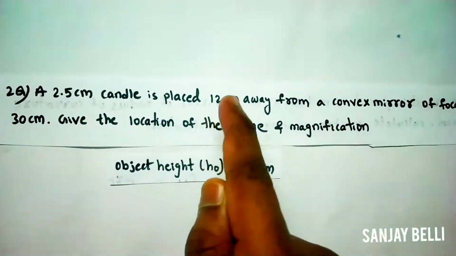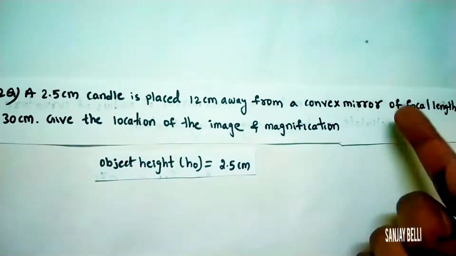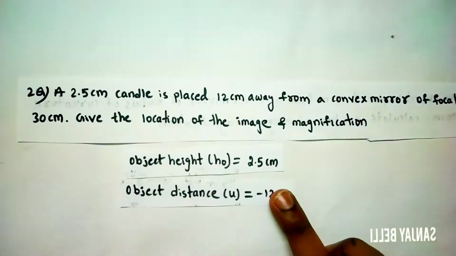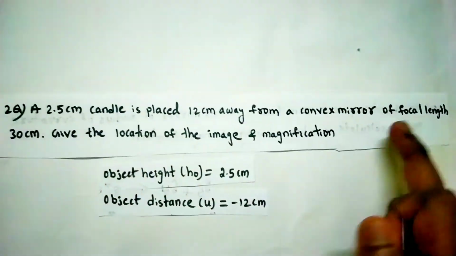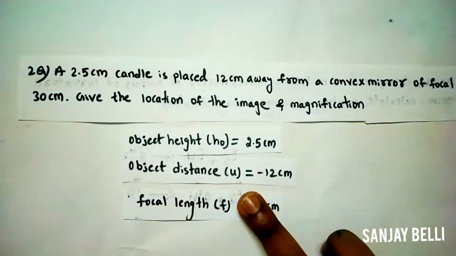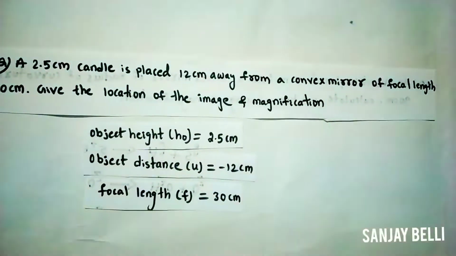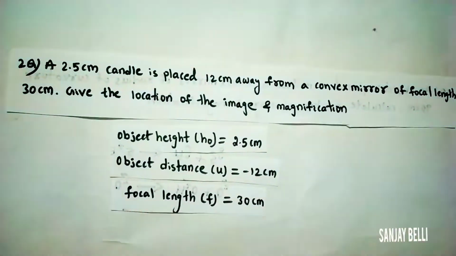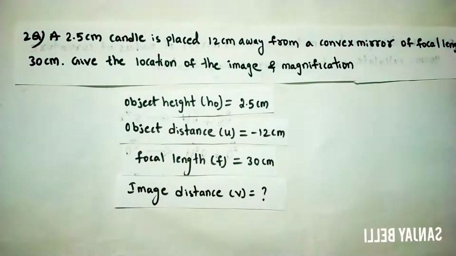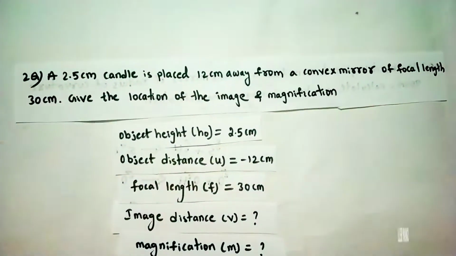It is placed 12 centimeters away from the convex mirror. That 12 centimeters is nothing but your object distance, and the focal length is 30 centimeters, and he is asking you to find the location of the image and magnification. That is, we have to find the image distance and the magnification.